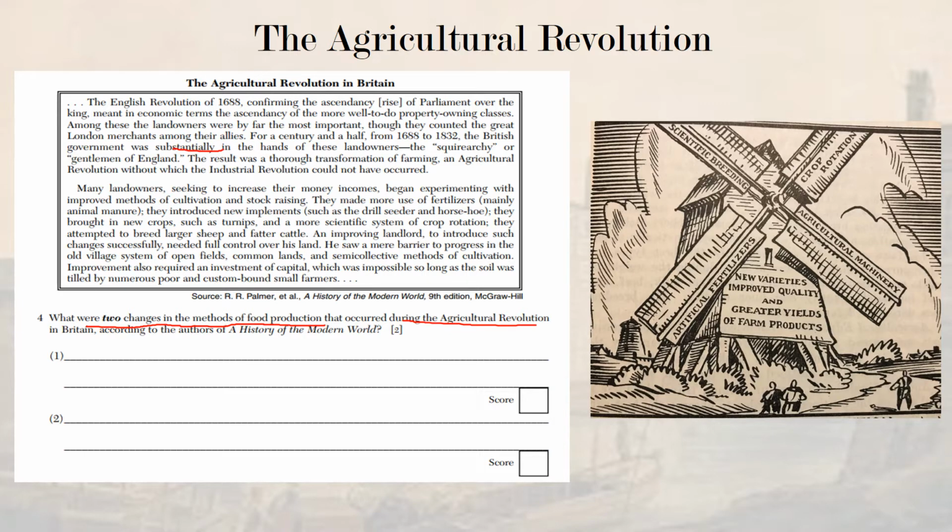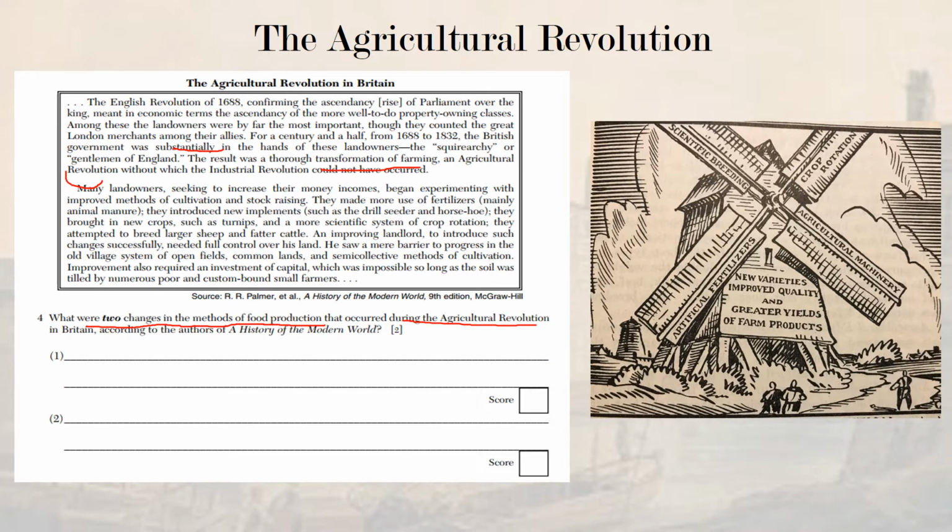For a century and a half, from 1688 to 1832, the British government was substantially in the hands of these landowners, the squirearchy, or gentlemen of England. The result was a thorough transformation of farming, an agricultural revolution, without which the Industrial Revolution could not have occurred.